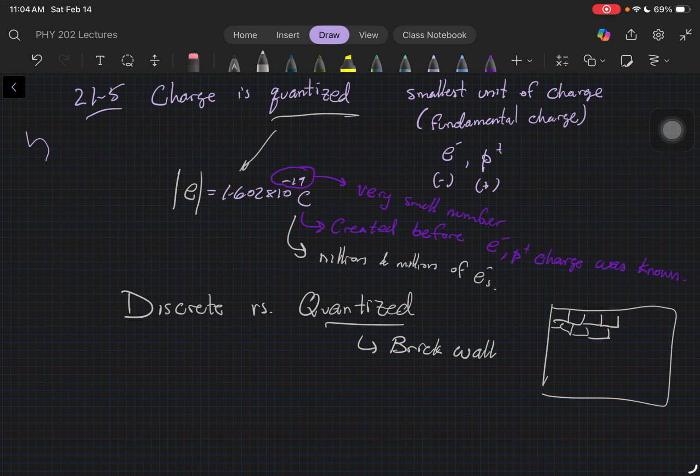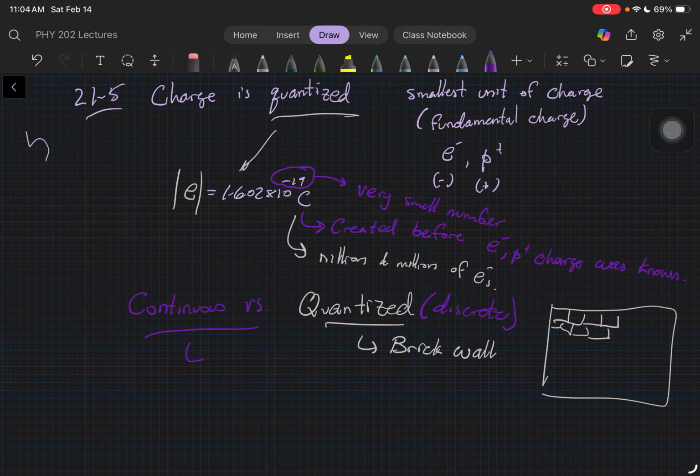You can only add a brick to a brick wall. I'm sure there are more advanced bricklaying techniques, but we're not getting into that. Oh, discrete is quantized. So let's get rid of this and put continuous. I think I was going to write discrete versus continuous, but here we are.